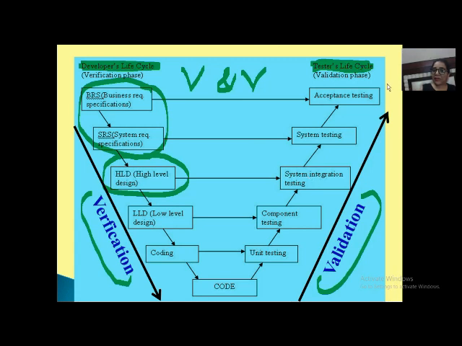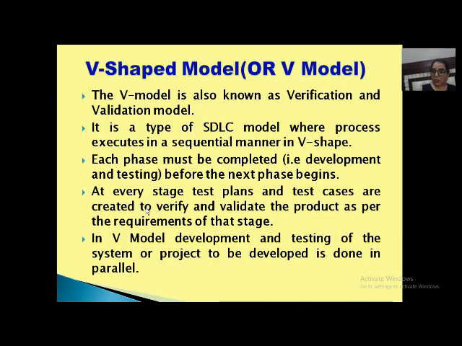At every level you have corresponding testing done so that there is no bug, no error left in the end once the system is delivered, implemented, or given to the final user. Correct? So I hope you will not forget the V and V term.